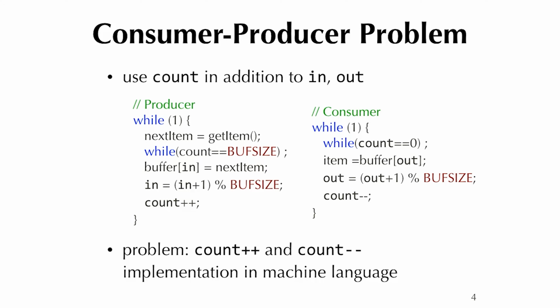So the producer would update the in, right? Because it's sticking data into the buffer. So that's why you see here, producer in gets in plus 1 modulo buff size, whereas consumer only updates out because that's where it's pulling out. Once it pulls out, you have to increment the out or wrap it around, right?